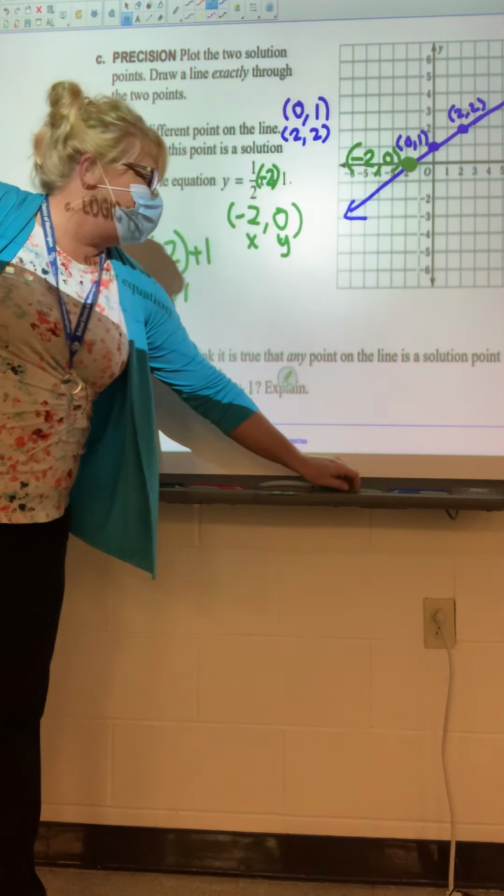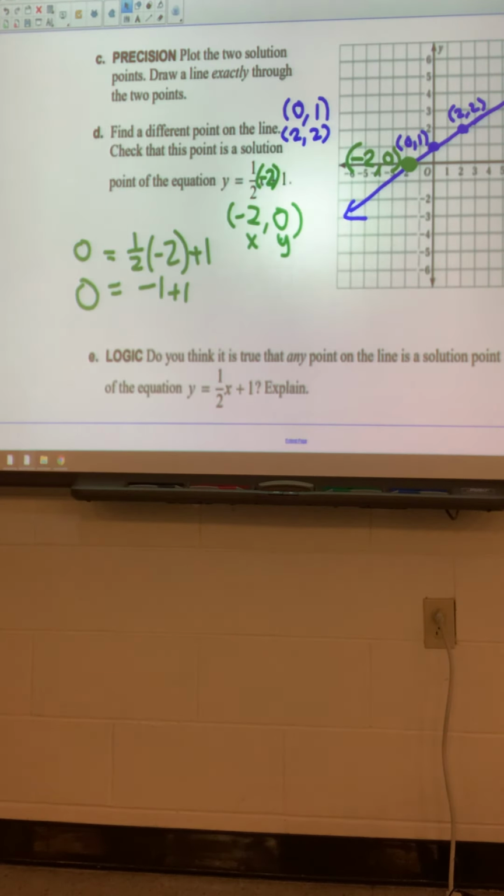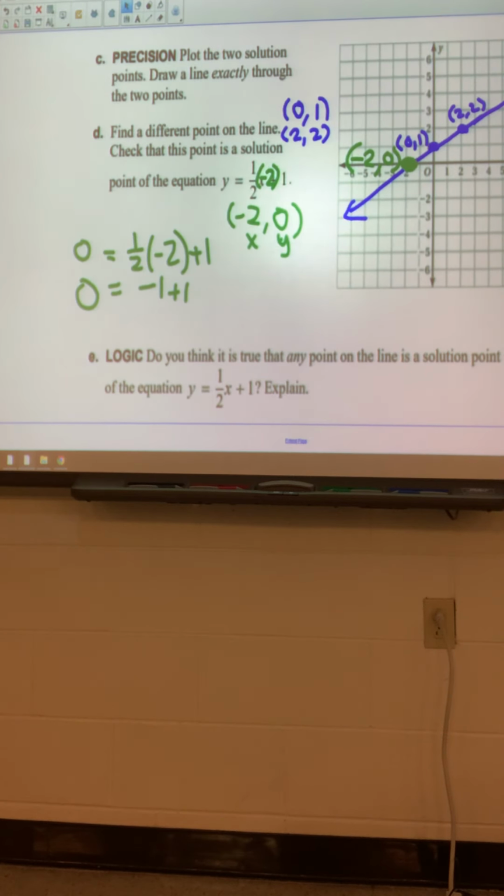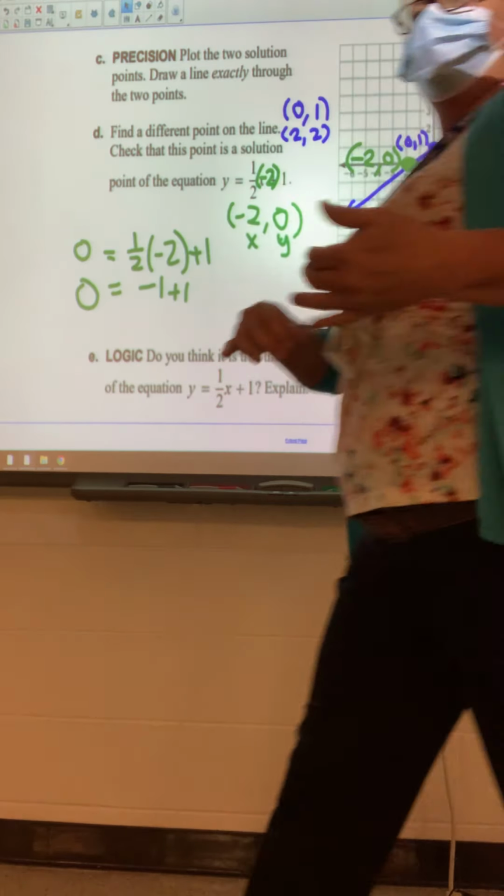Do you think that any point on the line is a solution? We found 2. I randomly picked 1. Weren't they all solutions? Then they all were. Yeah. They all came out to be, if you put in this x, you get this y.